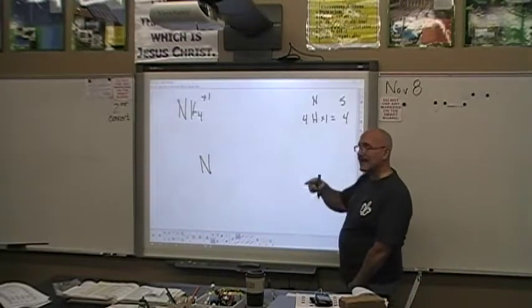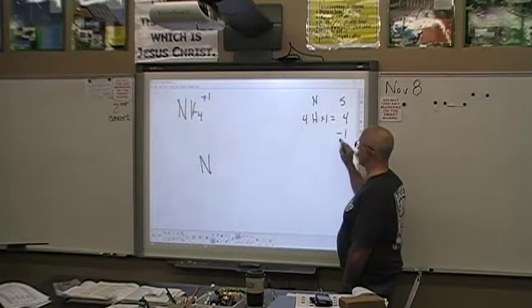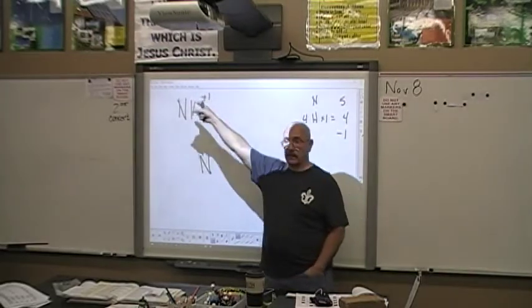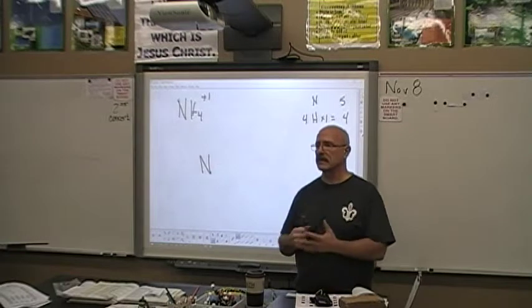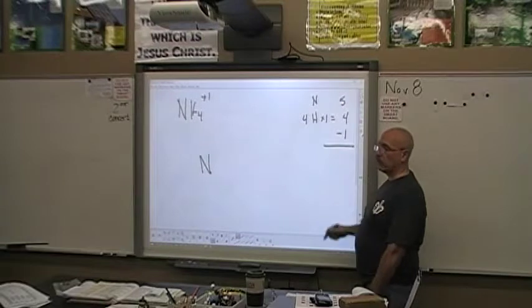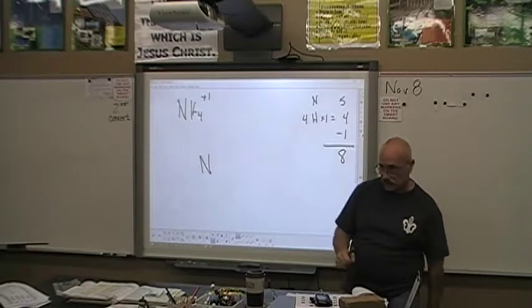So in this case, we've given away an electron. We actually need to put a negative 1 over here. We need to subtract 1 to take into account this plus 1 up here. You say, why is it opposite? Again, a positive ion means it's lost an electron. So this is the total of electrons over here: 5 plus 4 minus 1, 8. Okay, so we've got 8 electrons to play with.